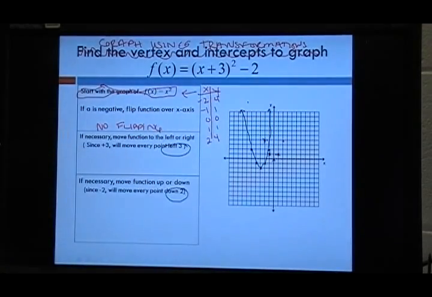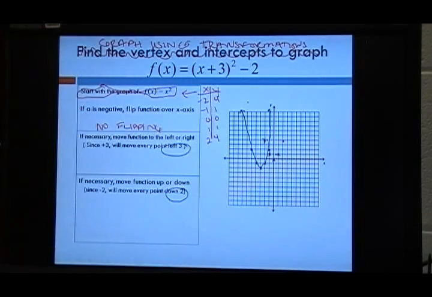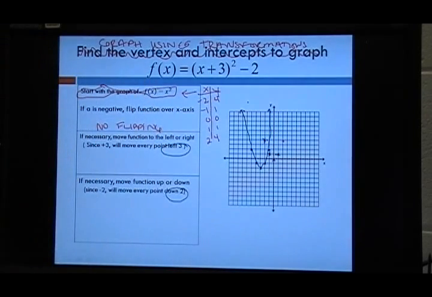And I was able to find that just by shifting the points on the basic rather than doing what we were doing before. So in the last chapter, what we are familiar with, we would have maybe seen y equals the quantity x plus 3 squared minus 2.